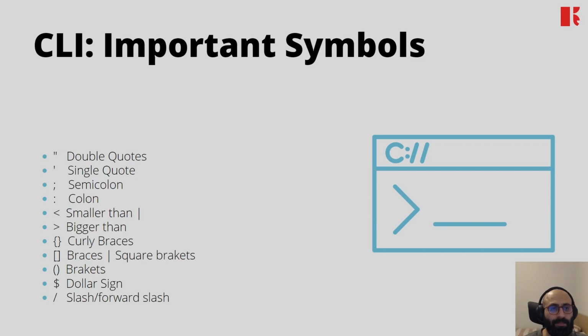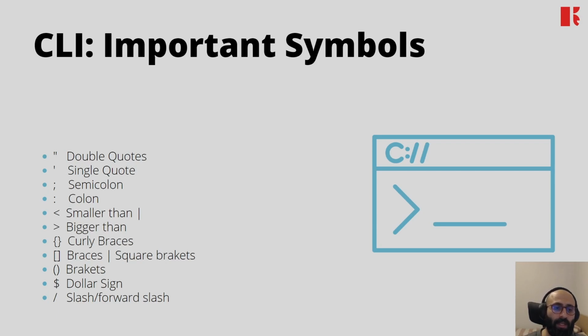Important symbols. In the command line, there is a bunch of symbols you might use in the future. These are the most important ones, not only for the command line, but we're going to use them in our coding lessons in the future. And those are their names, because we will be talking about them a lot, and it's so helpful for you to know what they are called.